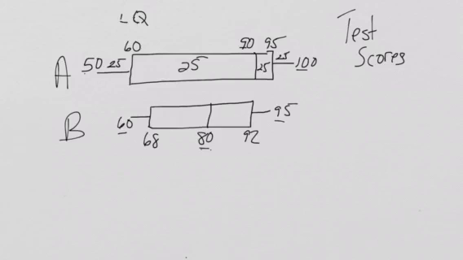Hopefully you learned that in the last chapter. So when we start talking about these, we can compare quartiles, we can compare upper extremes, lower extremes, medians. But really pay attention to each section on the graph represents 25%.